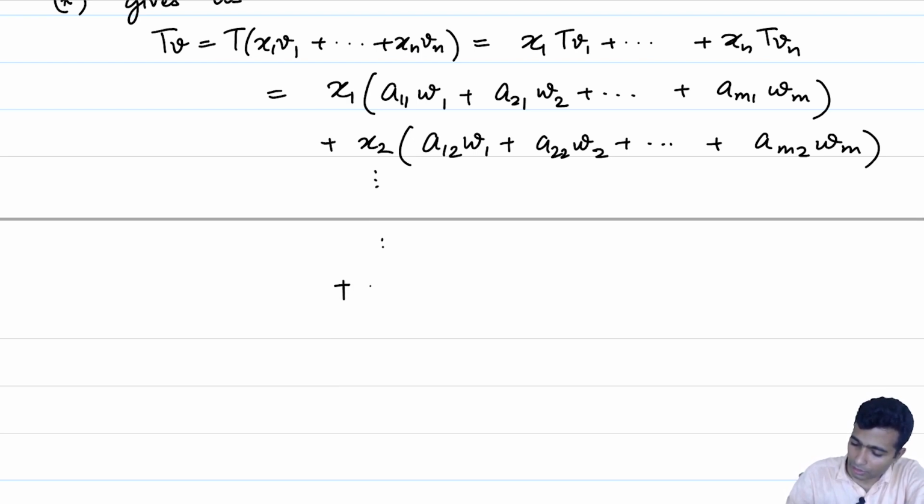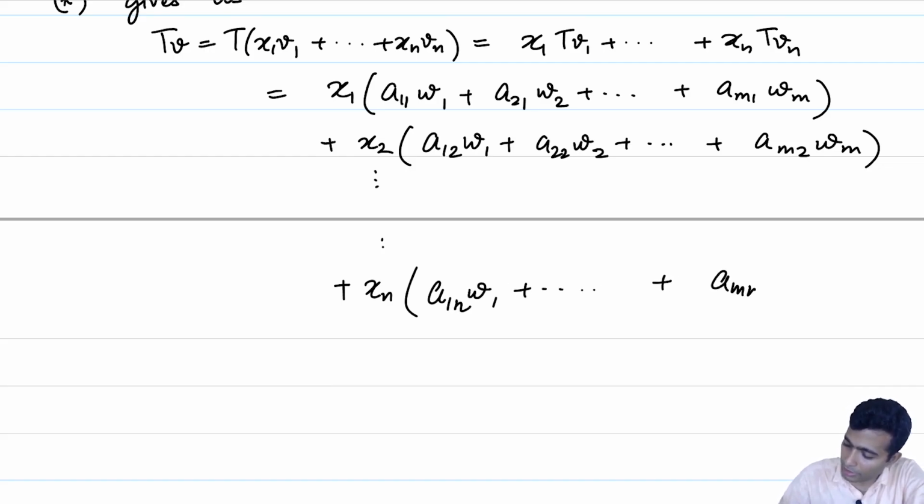Finally, xn times the last one, again remember the first index corresponds to w1 and the second one corresponds to vn. So this will be a1n w1 plus dot dot dot amn wm.